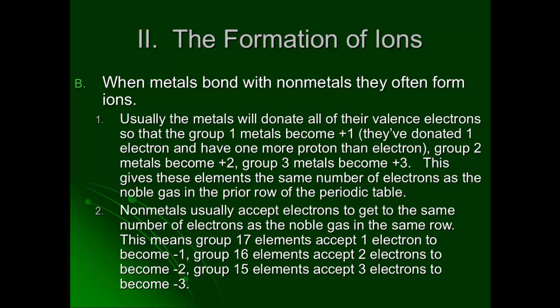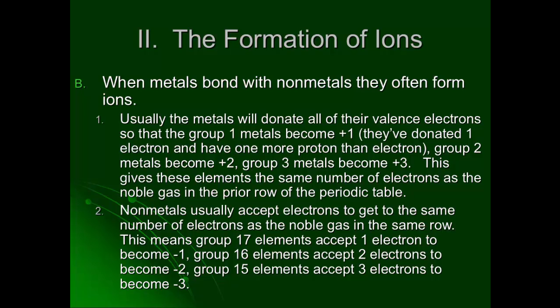So the nonmetals will usually accept electrons when they're combined with metals because they are closest to getting to the noble gas electron configuration by adding electrons in, because they've got more than they're missing. So your group 17, fluorine and down, are going to take 1 electron and scoot to the right electron-wise.